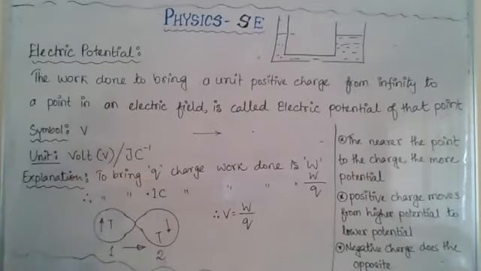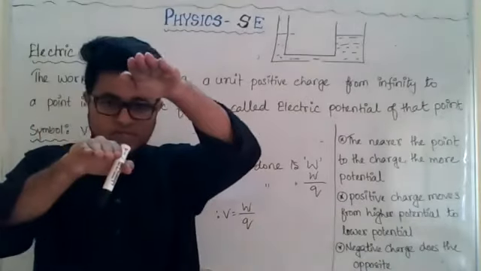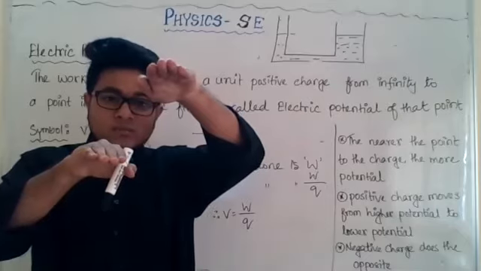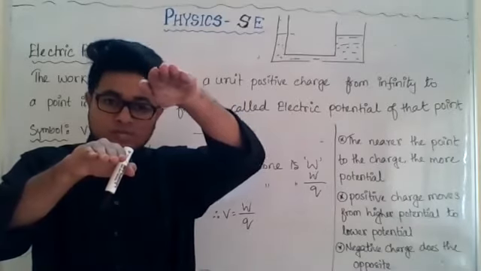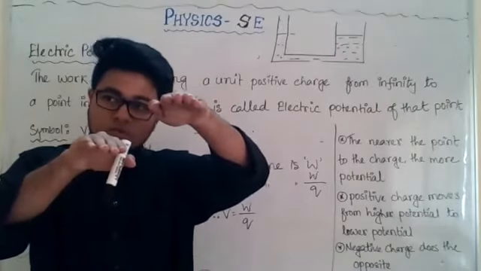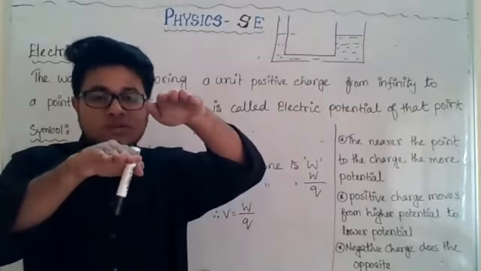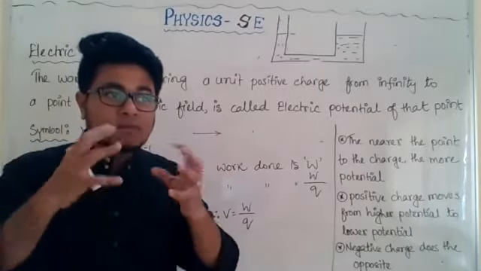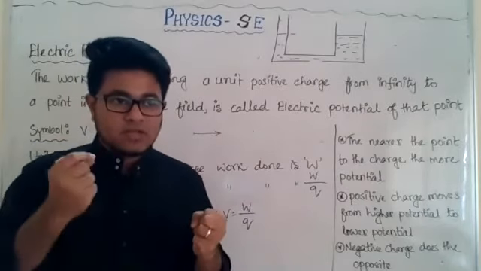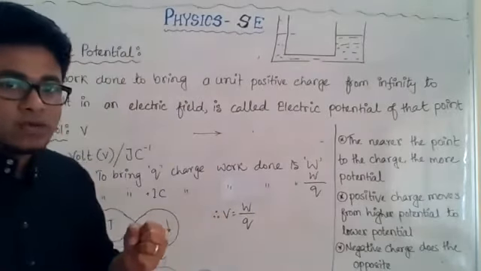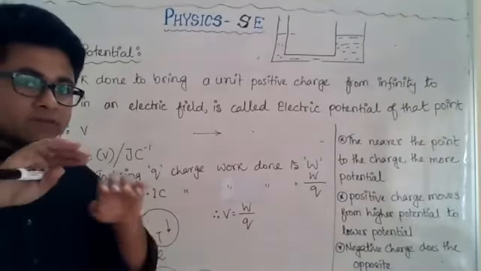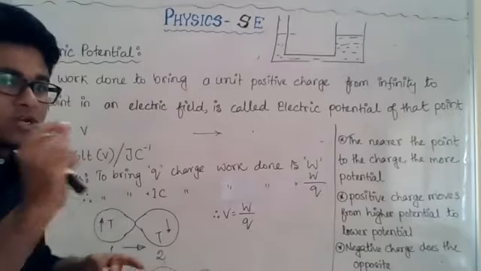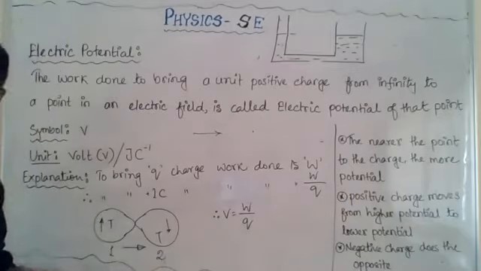The body with higher temperature will lose heat, so its temperature will come down, and the body with lower temperature is gaining heat, so its temperature will come up. At some certain point, thermal equilibrium will be achieved. Thermal equilibrium is that state where both bodies have the same temperature and no more heat flow takes place. So no temperature difference, no more heat flow.